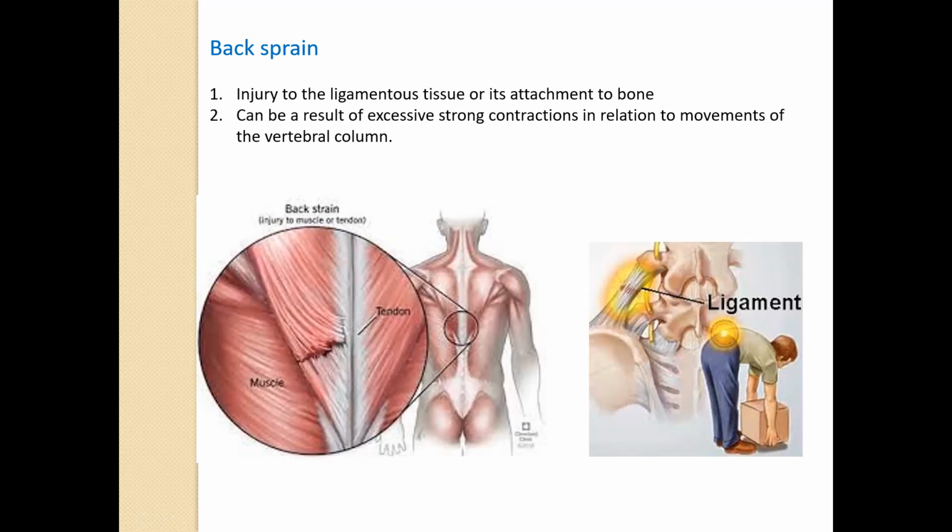This may not have any association with a dislocation or a fracture of the vertebral column, and this can occur in a setting of excessive extension or rotation or vigorous exercise or something like that.